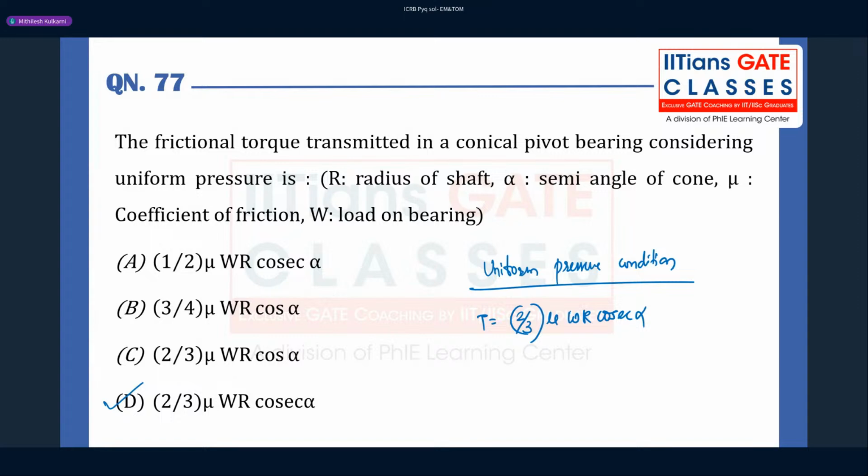This is the value, and the formula which I told was R effective, which is 2 mu W r naught cube minus ri cube divided by 3 times r naught square minus ri square. So basically, the option is D in this case. This is not from the mechanics or TOM. It is from the machine design. So I'll just star mark it. Let's go to the next slide.